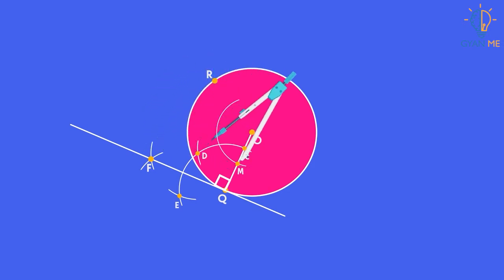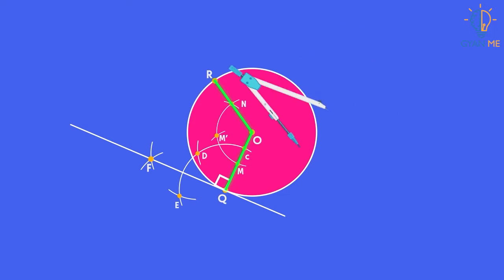Make another arc on the previous arc and call it point M dash. Again, take M dash as center and with the same radius, draw another arc, say at point N. Join OR through N. We find that angle QOR is the required 120-degree angle.